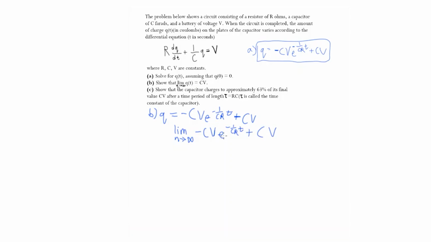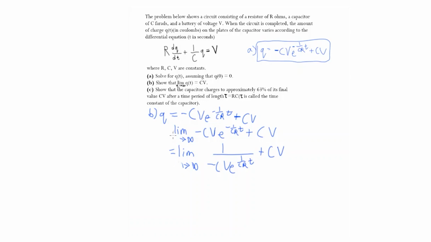Because this is taken to a negative exponent, we can reciprocate this part of the equation to get a positive exponent, and it makes it a lot easier when we work with the limit when t approaches infinity.